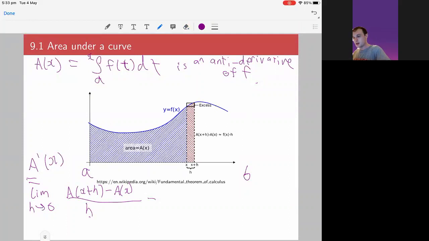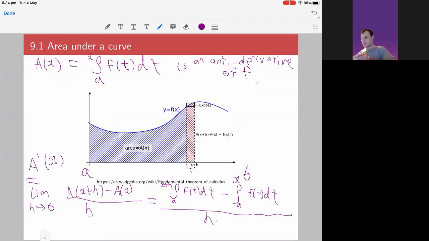But remember, this is equal to the integral from a up to x plus h of F of t dt, minus the same integral except up to only x this time, divided by h.